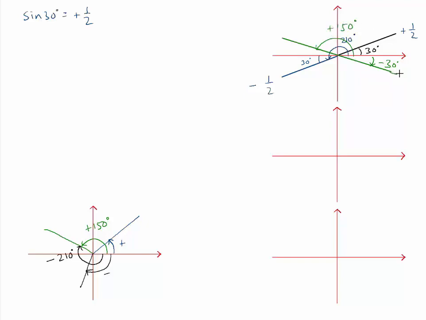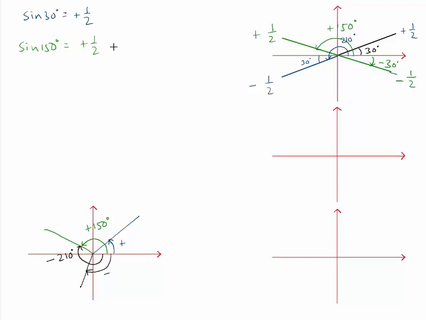So the value of sine of this angle would still be half and this would also be half. The only question is whether it would be positive or negative. Now sine in the fourth quadrant is negative, so therefore this would be minus half. And this would be positive because sine is positive in the second quadrant. So if someone asks us what is sine of 150, that would be plus half.